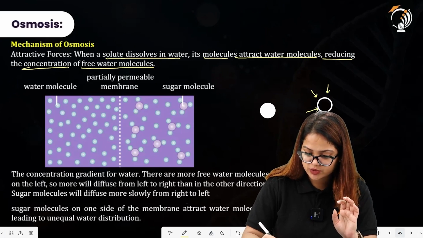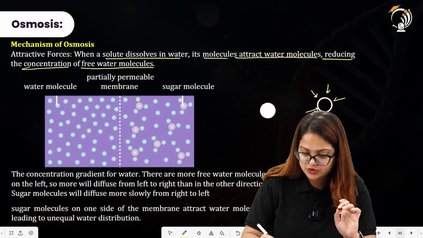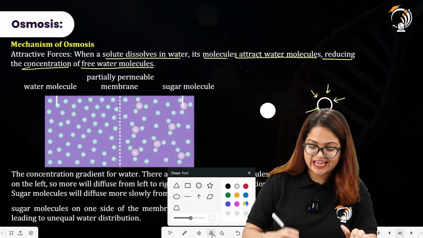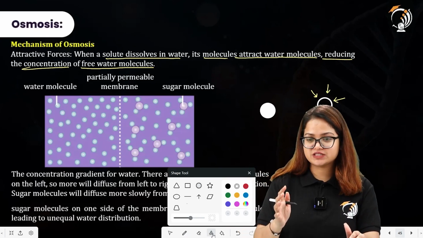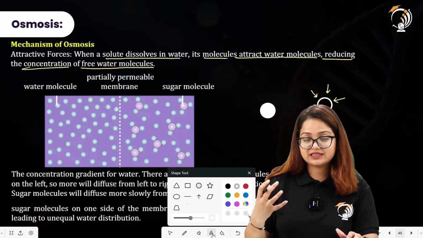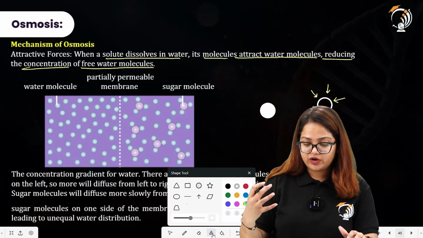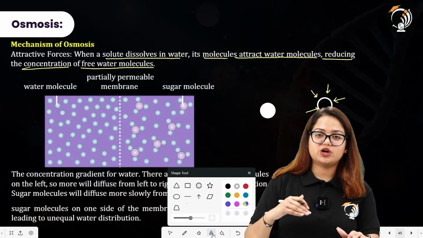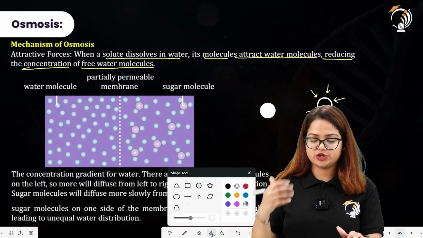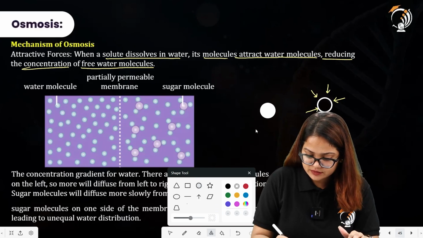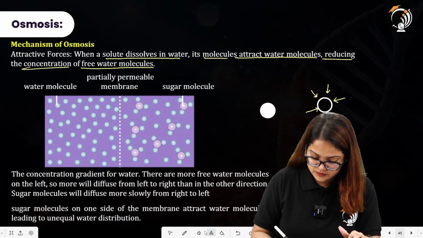So these sugar molecules are attached to the water molecule here, decreasing the exposed surface area of water molecules. By exposed surface area, I mean the area that is available for attachment of other sugar molecules to the water molecule here. So, all right.